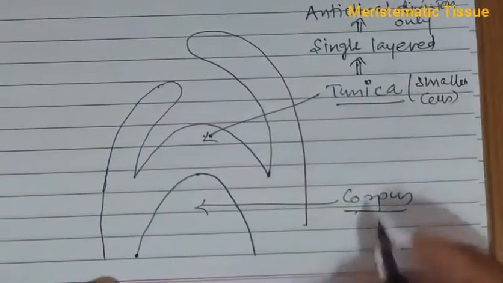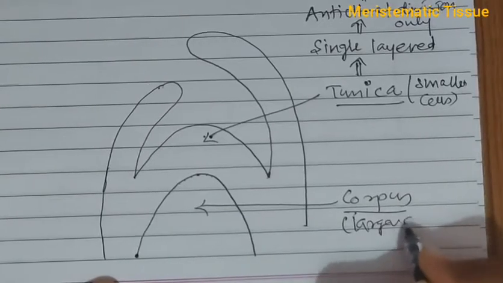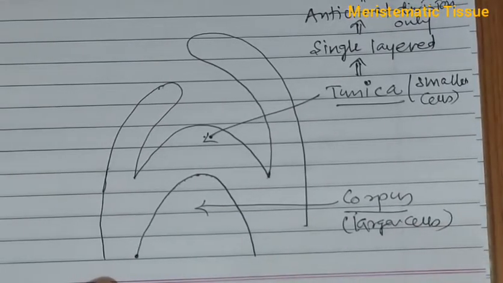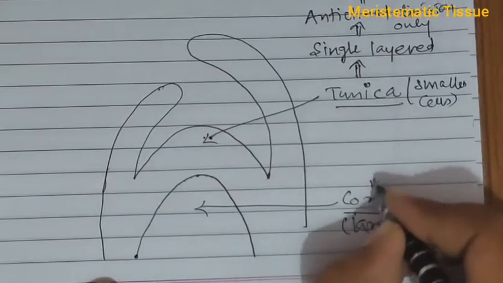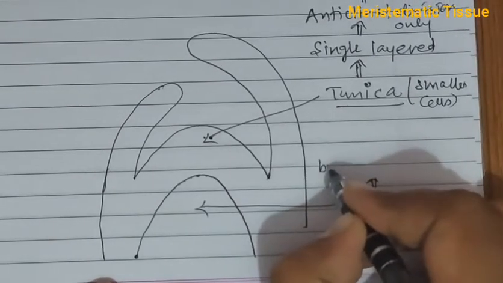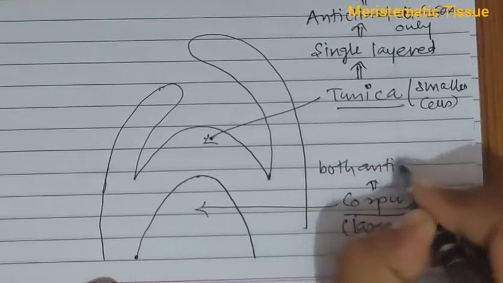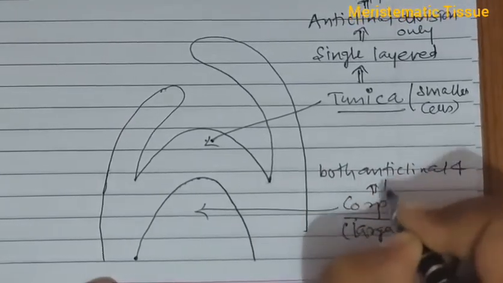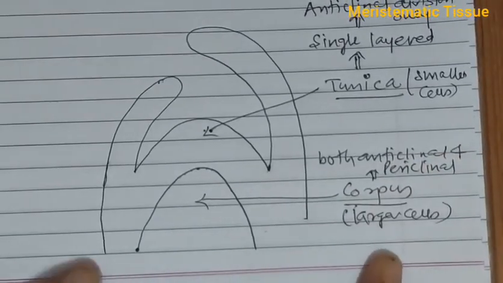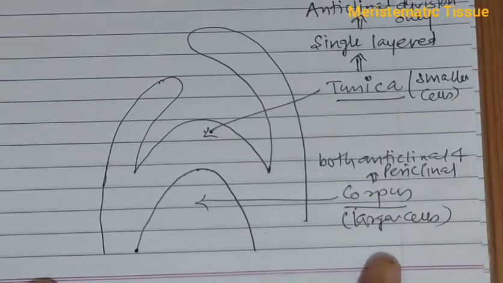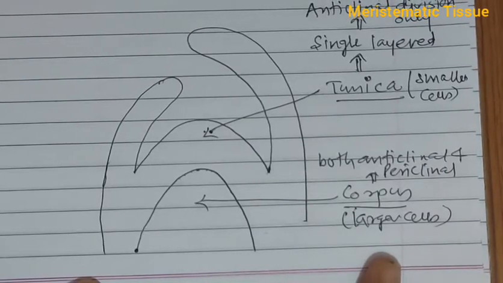This corpus has larger cells, and it represents a central core. It shows both anticlinal and periclinal division, and when it shows both, it forms the whole body inner to the epidermis.